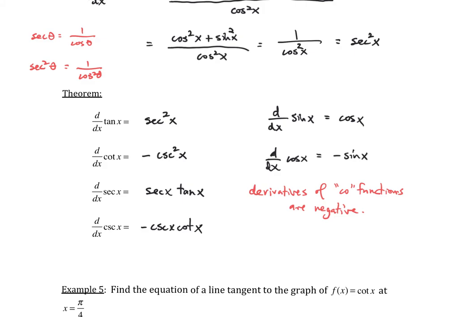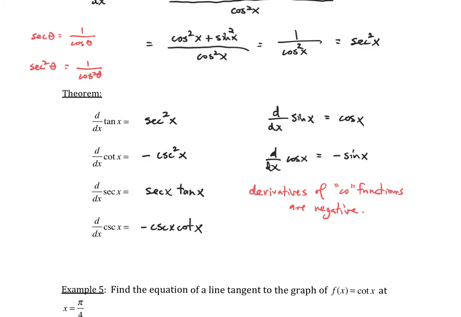The second thing I want you to notice is that trig functions oftentimes come in pairs. So sine x and cosine x are like cousins or brothers. And their derivatives are really related to each other. They're each other's derivative.